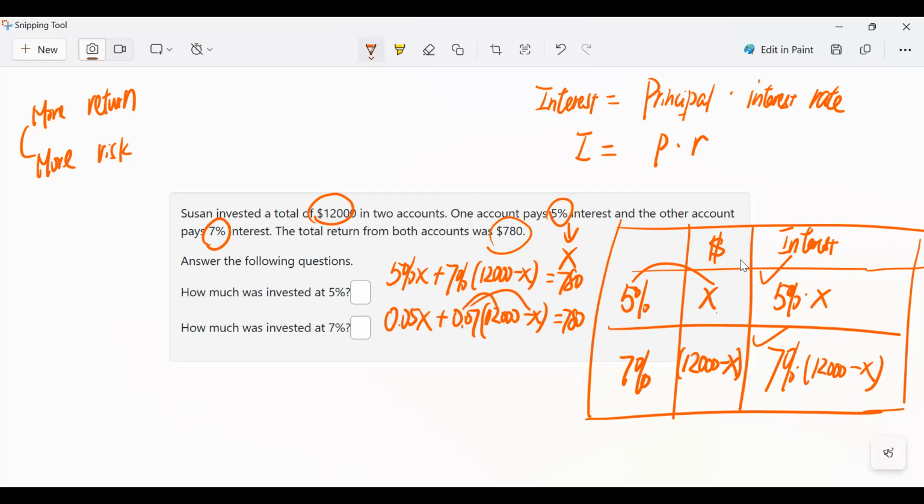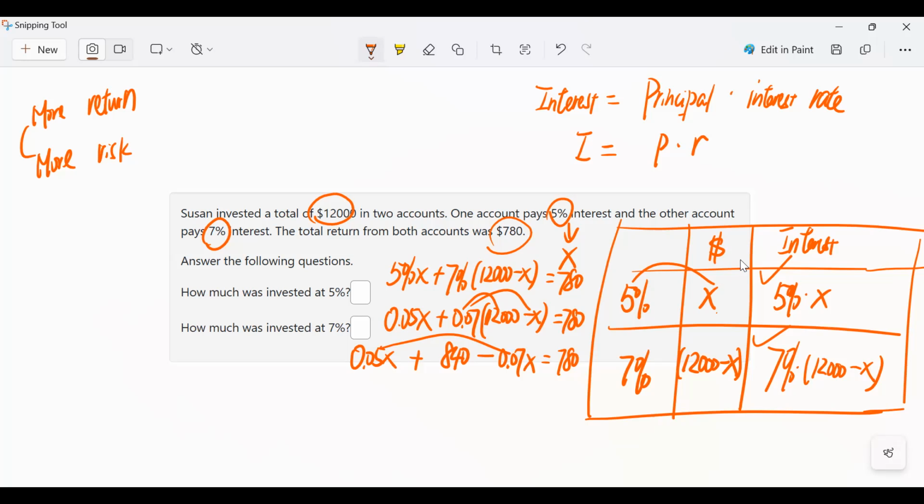I'm going to distribute this: 0.05X plus 0.07 times $12,000. We did it earlier, it's $840. And then plus minus is minus 0.07 times X, equals 780. Now here we're going to combine those two.